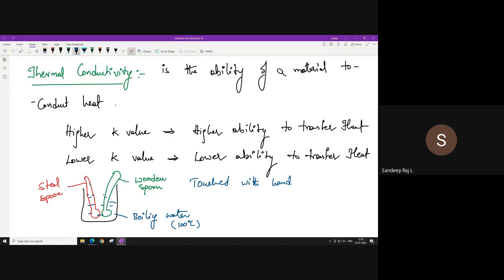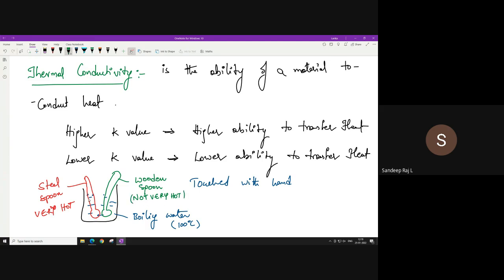Which one will be hot? Steel one, sir. Steel. Okay, this is very hot, and the wooden spoon is not going to be very hot, and you will be in a position to touch it, somehow manage with it.